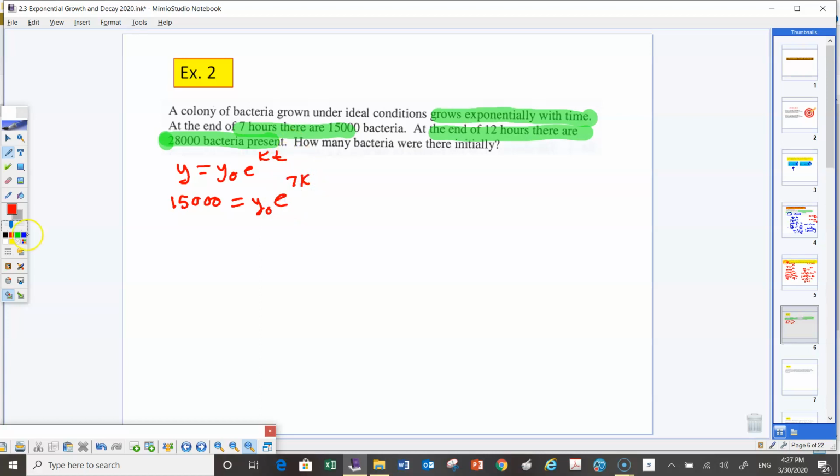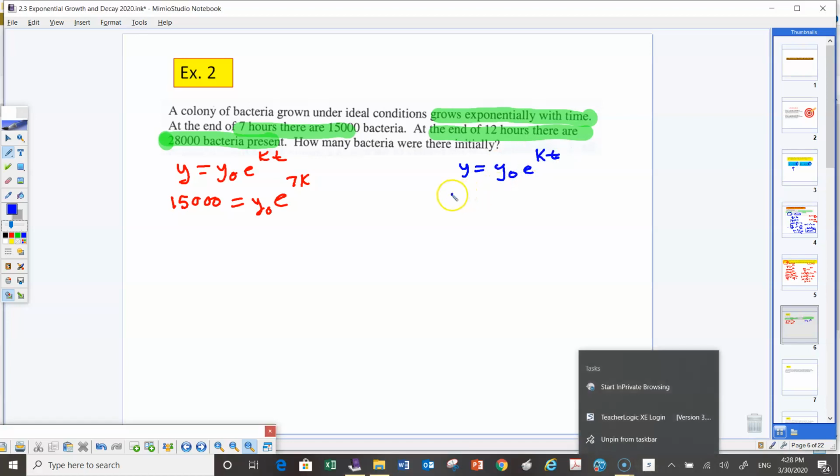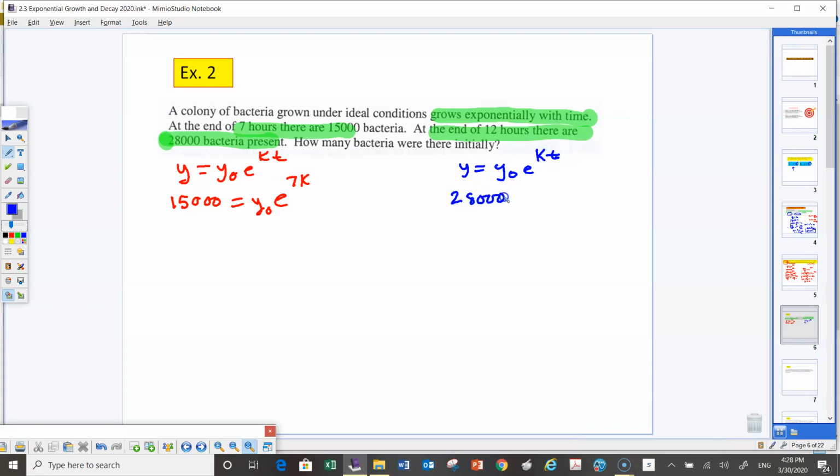Now, using our second set of data, we can start with the same formula. And we know that in 12 hours, the total number of bacteria is 28,000. So that becomes 12k. So now we're down to 2 equations with 2 unknowns.